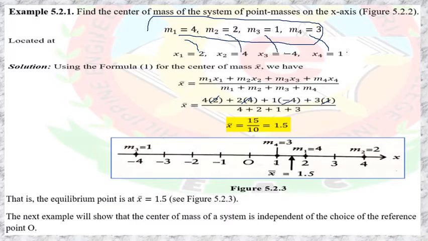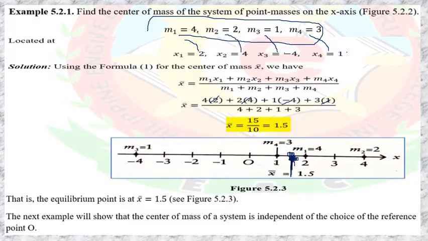So, ibig sabihin, ang center of mass natin class is andito. X bar is here between 1 and 2. So, magiging balance yung weightless tray natin, for instance, if it is supported by a sharp nail or knife edge. So, let's say, imagine ninyo itong x-axis, yan yung weightless tray.